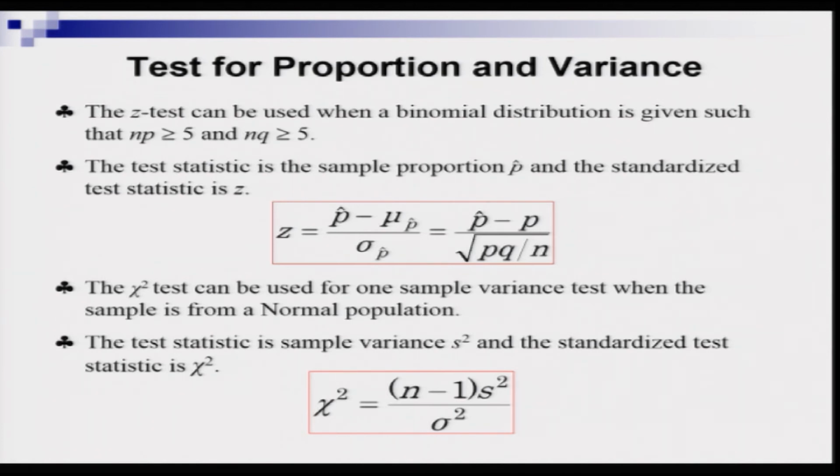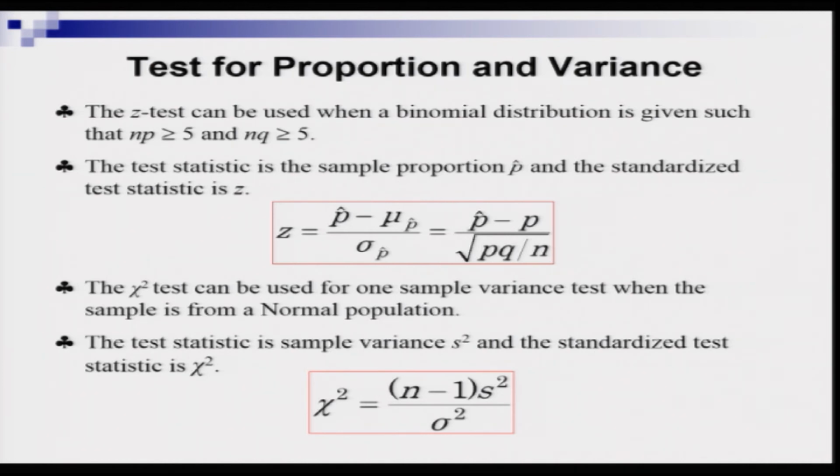Here we will first discuss the case of population proportion. The Z test can still be used when a binomial distribution is given such that NP is greater than or equal to 5 and NQ is greater than or equal to 5. We have spoken about the normal approximation of the binomial several times in this course, and it is such a useful thing that we are coming back to that result in the hypothesis testing section also.